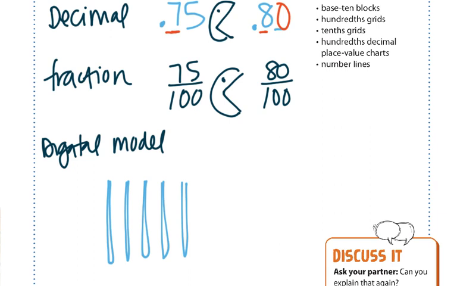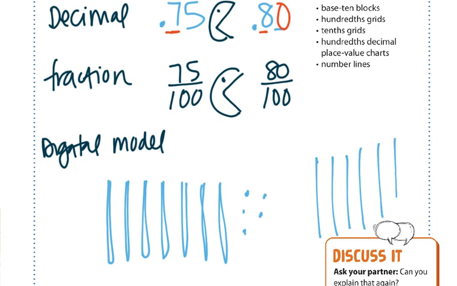Say it again? 10. All right, so I need 5, 6, 7, and 5 singlets. Over here, I'm going to put 8. Which one is greater? 80 is greater than 75. How did that go? Turn the page. It was easy.